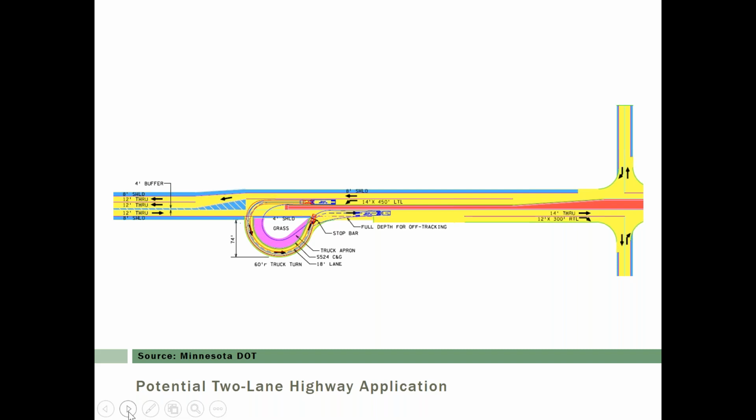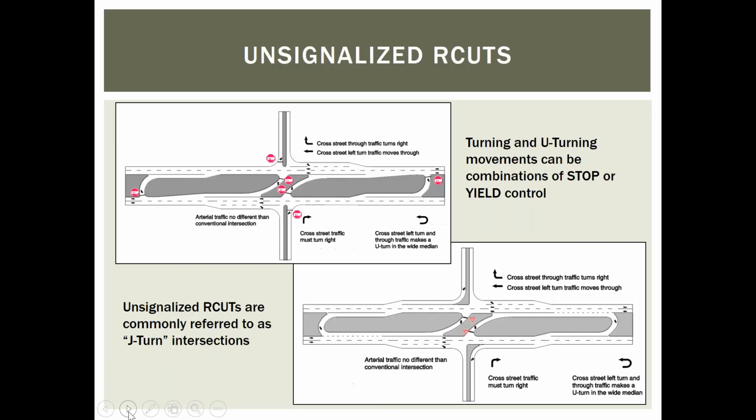But the main idea being that we close off the median in between the minor streets and have traffic coming out from the minor street make a right turn and then a U-turn, and then the same thing with the left turns from the major to the minor: have those be made by way of the U-turn and then coming back. So it is possible to apply it on a 2-lane roadway as well. Several agencies are looking into that concept.